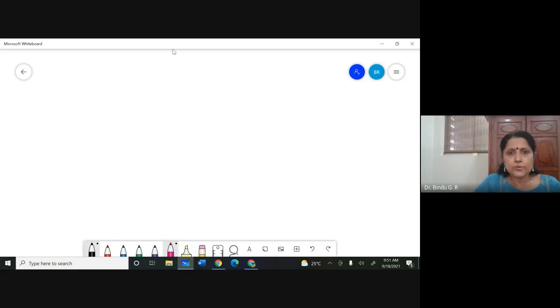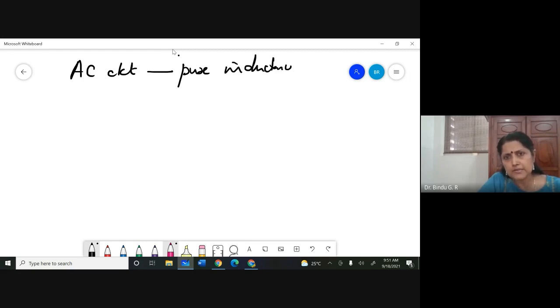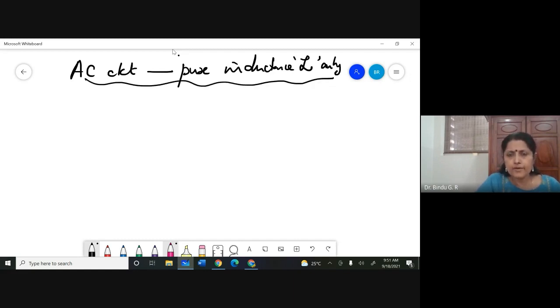Okay, so we are passing on to the next section where I am considering an AC circuit containing pure inductance only. Which means I will be having an inductance.